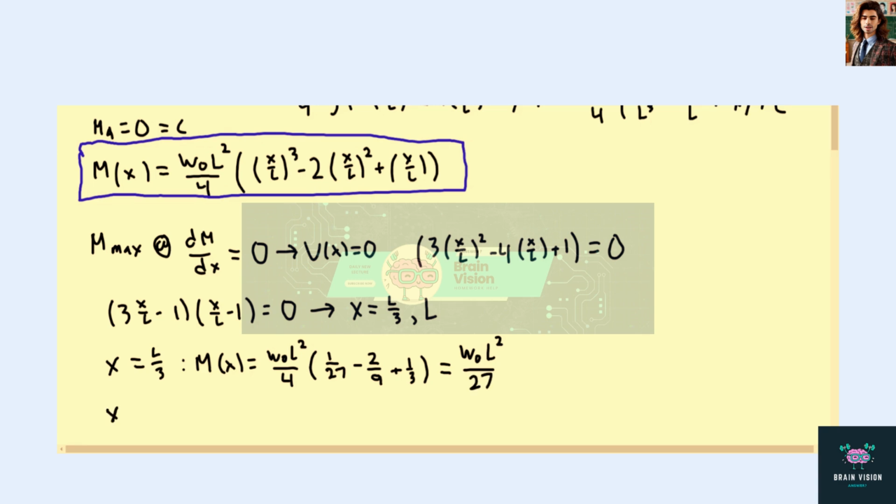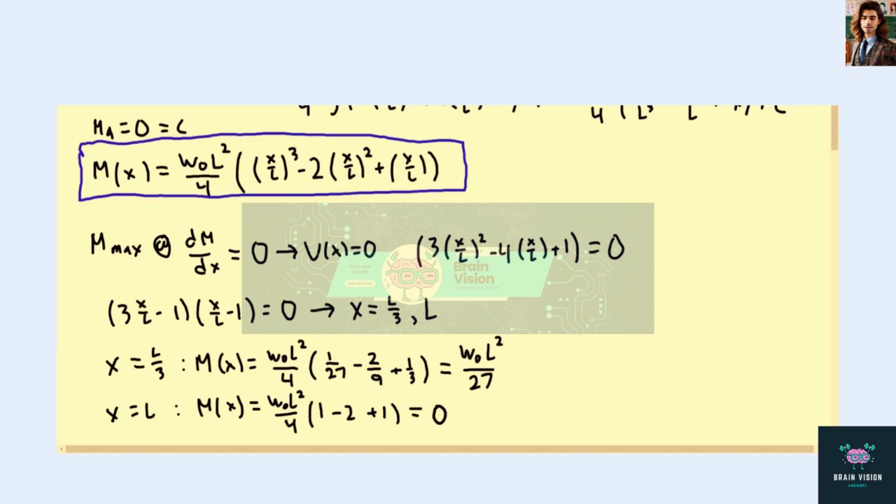And let's check at x equal to L. Our expression for M will be W0L squared over 4 times 1 minus 2 plus 1, which equals 0. Okay, thus we get our maximum when x equals L over 3.